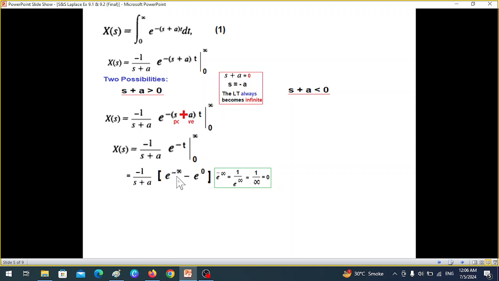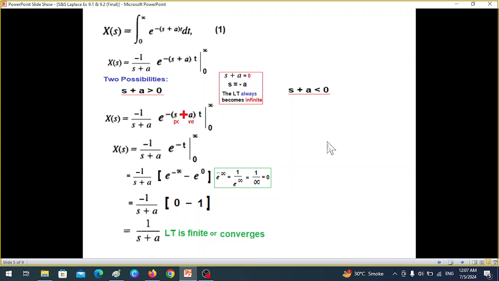Therefore, this one will become 0. And e raised to the power 0 is 1. So our equation becomes 0 minus 1. Multiplying negative, negative becomes positive. So we get 1 over S plus A. And this is a finite value. We will say that the Laplace transform is finite or it converges.